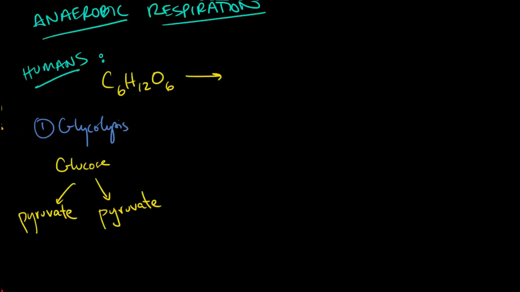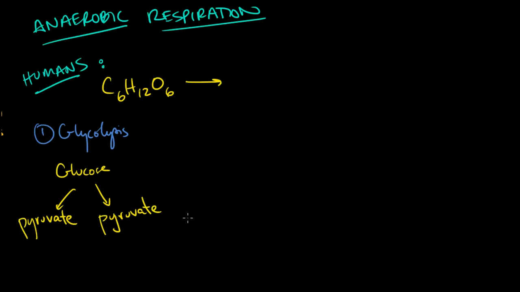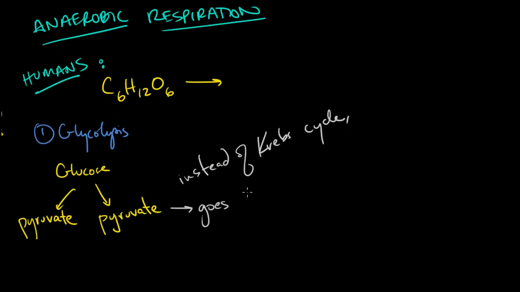So what's actually going to happen is that this pyruvate will go through, let me pick a different color here. It will, instead of going through the Krebs cycle, go through lactic acid fermentation.